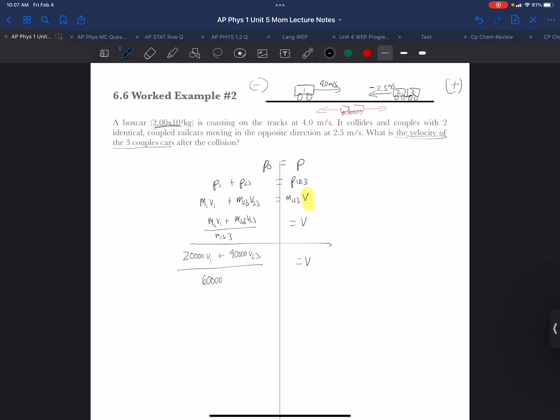So to simplify our math, we could divide everything on the left side by 20,000. And so that'll give us 2, and that will give us 3. So we're left with V equals V1 plus 2 V2,3 all over 3.